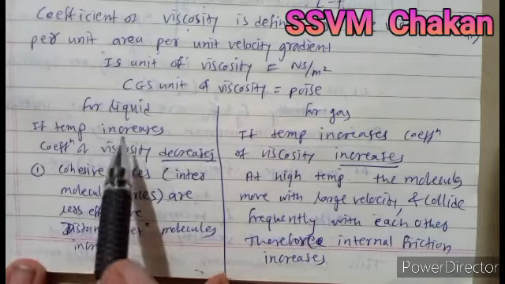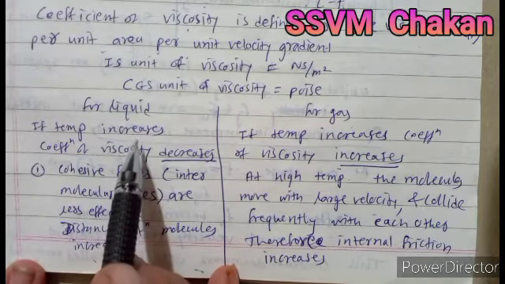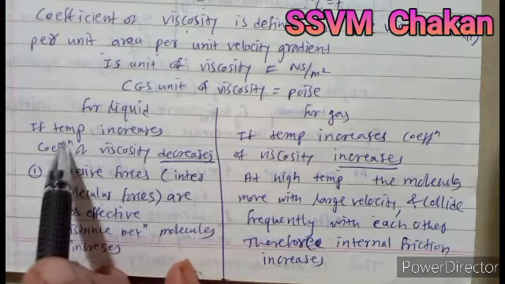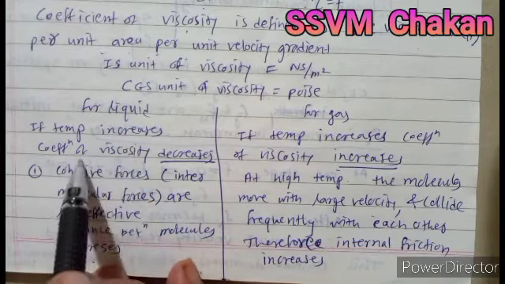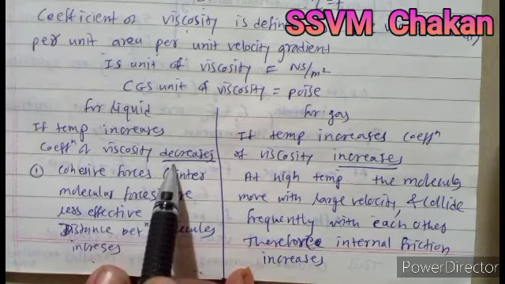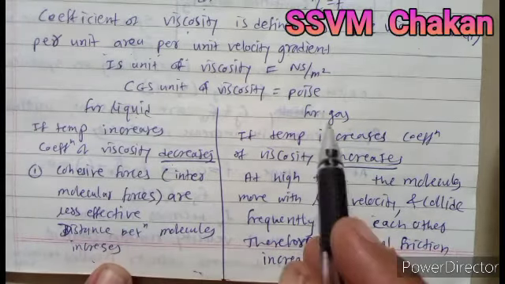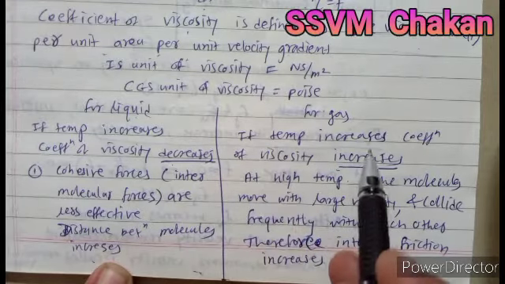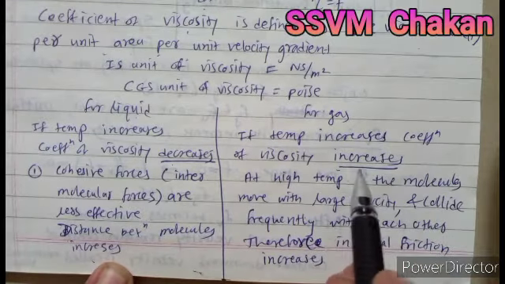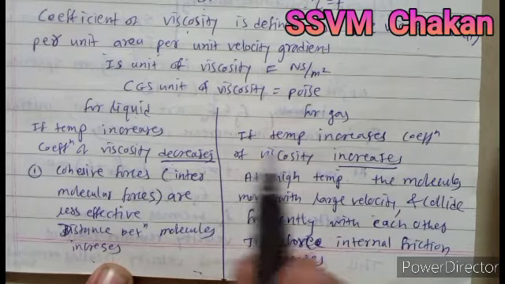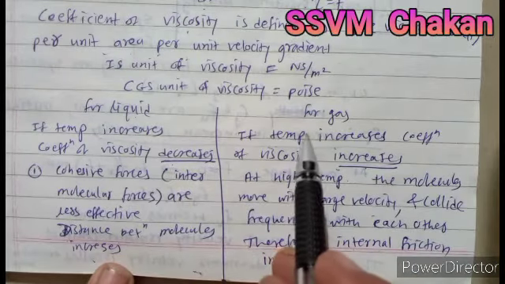We see about the viscosity related to a liquid and a gas. If the temperature increases, the coefficient of viscosity decreases in the case of a liquid, and in the case of a gas, as the temperature increases, the coefficient of viscosity also increases. That is the reverse thing in the case of liquid and gas.